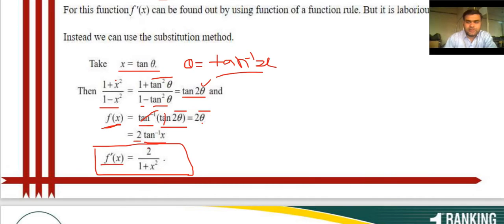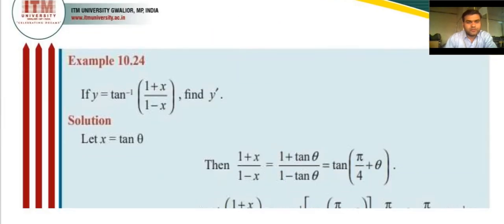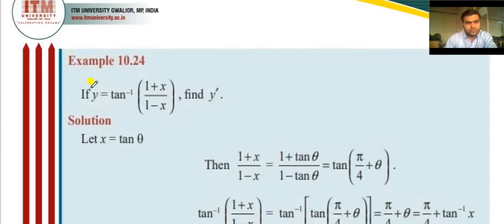Now we will see the next question of this topic. Suppose we have given y is equal to tan inverse of (1 plus x) upon (1 minus x), and we have to find y dash. Y dash means differentiation of y. So in this question we put x is equal to tan theta.